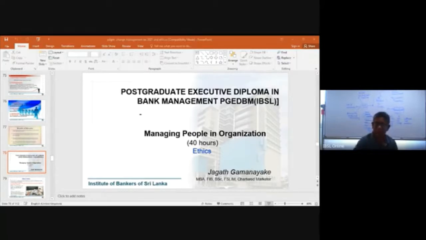And the next point, as everybody is well aware, is confidentiality. This is of course made compulsory by our Banking Act, Section 77 of the 1988 Banking Act. Information acquired as a result of a professional and business relationship must not be disclosed to third parties.